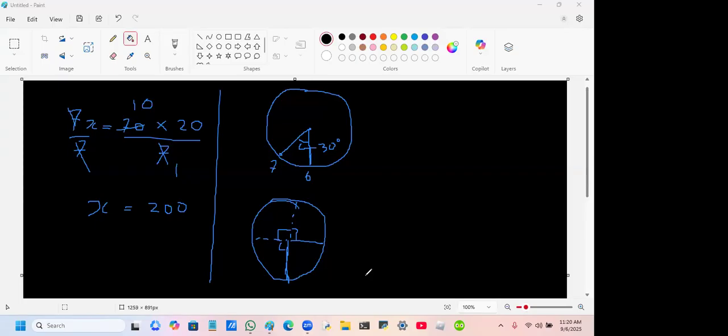What's the next number? Number 18. Number 18. Good. What does number 18 say? Find the value of x in 2 bracket x plus 1 equals 4. Sorry, tell me again.